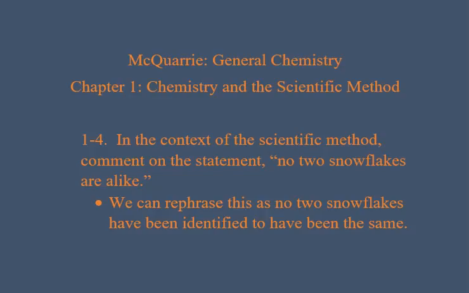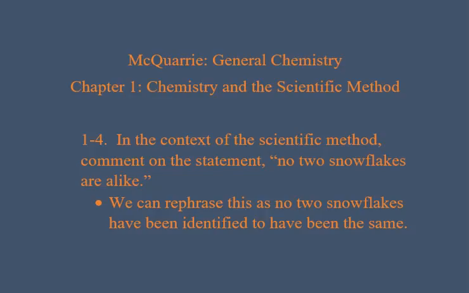That touches back on the last question, 1-3, right? Your theory is only as good as it is until somebody disproves it. So if you say no two snowflakes are alike, what you're really saying, and this is what this question is getting at, is that it hasn't been shown yet that two snowflakes are identical. So again, very similar statement.